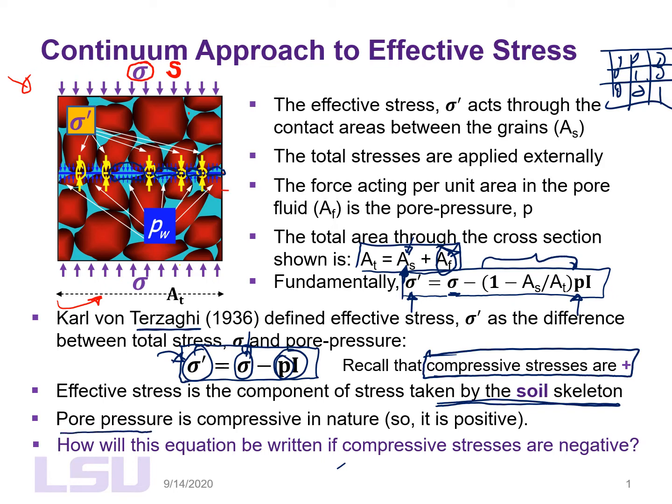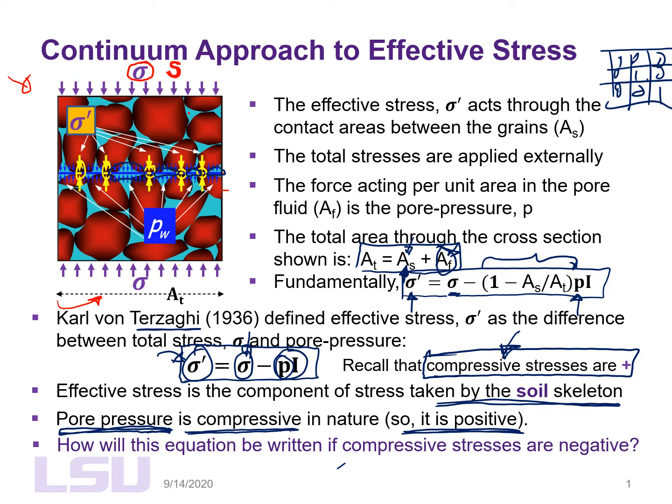Pore pressure acts in such a way that it compresses the solid grains. So pore pressure is considered to be compressive and is positive if you're using the petroleum engineering convention. Why do we say pore pressure is compressive? Pore pressure is the pressure in the fluid, right? And the fluid is sitting in the pore spaces.